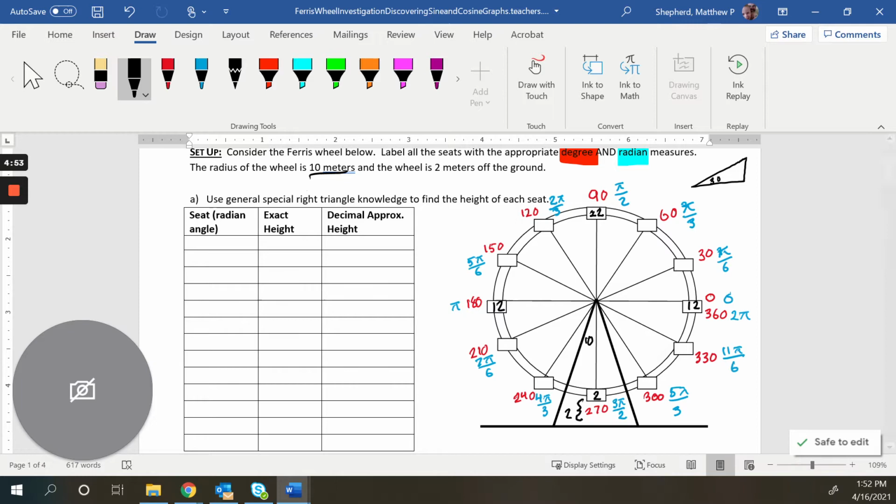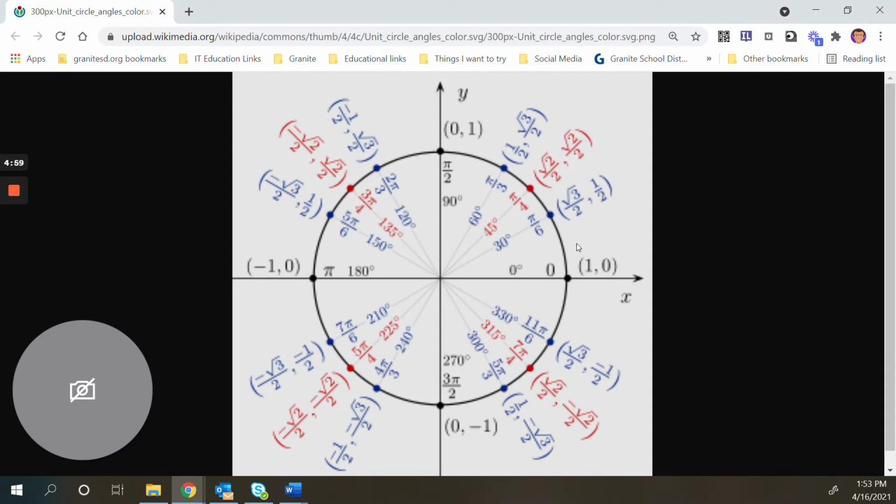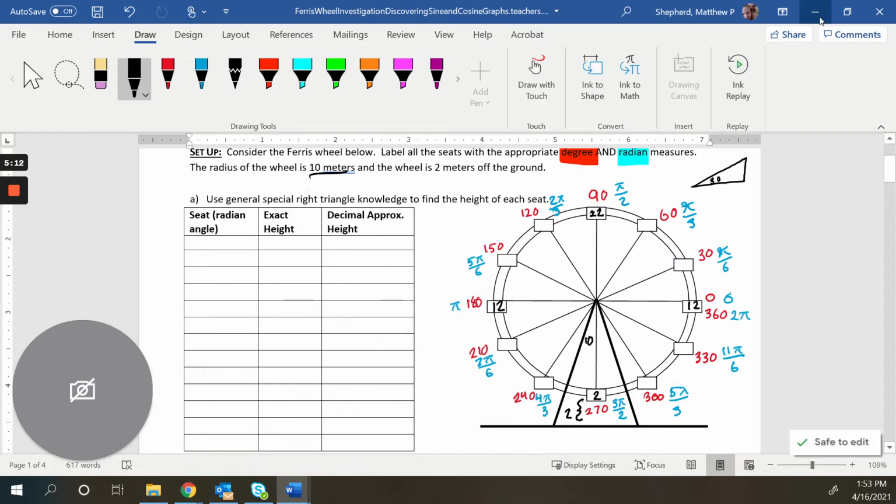Actually, what I am going to use is just the unit circle that we already have. Because the unit circle has already told me what the x and the y would be from a triangle like that. So I know from this it would be like a square root 3 over 2, and that would be a 1/2 right up there.